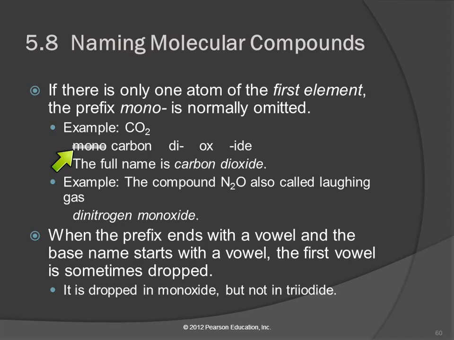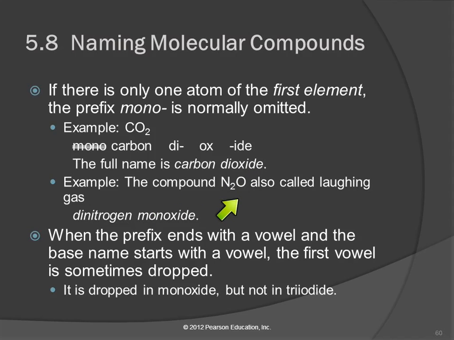The prefix for 1 is mono, but we don't use that on the first element. So we're just going to say carbon. There's 2 oxygens, so we take di as the prefix meaning 2. Ox comes from the element name oxygen. We change the ending to ide. And so the full name is carbon dioxide. This tells us 1 carbon, 2 oxygens.